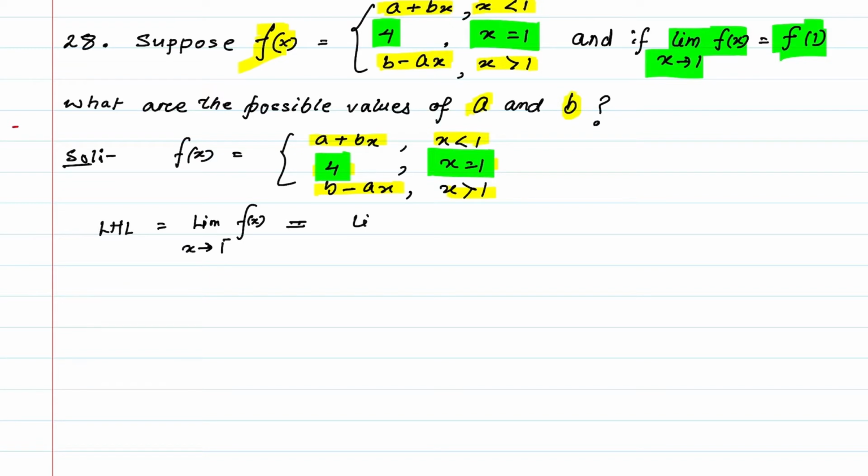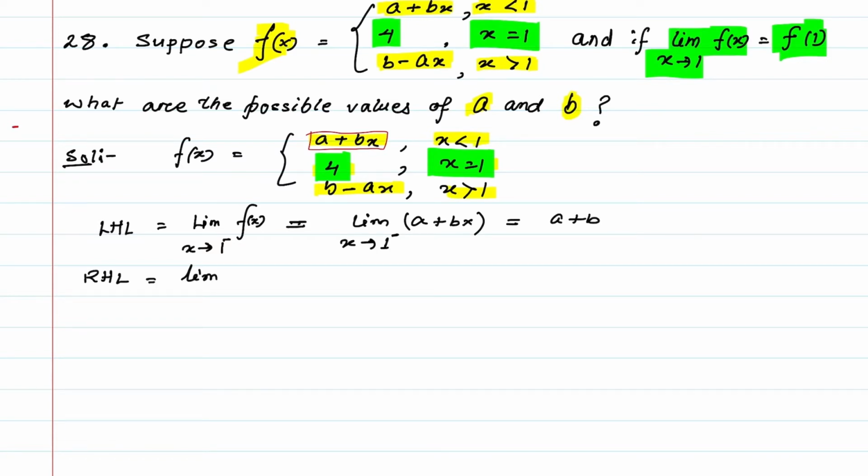Since x tends to 1 negative, that means it is slightly less than 1, so we need to take this value, a plus bx. Now if you put 1, then it will be a plus b. Similarly we can find the right hand limit as well.